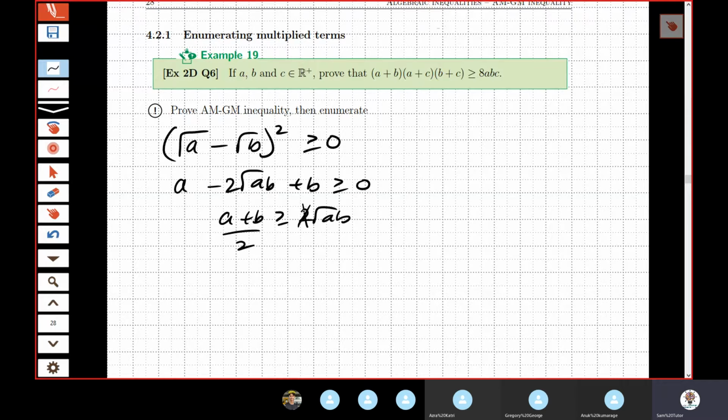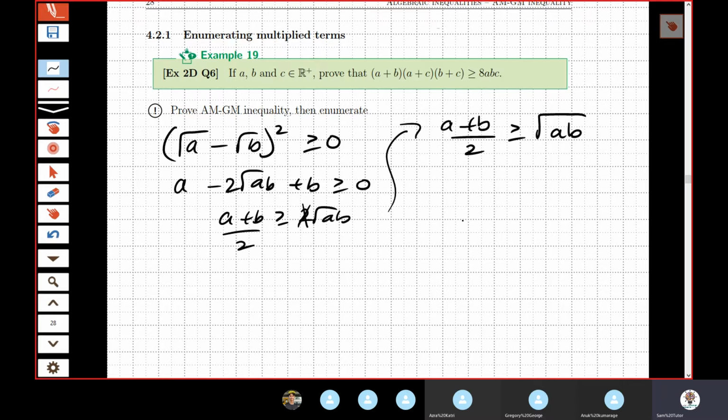But then you wanted this. So we've got this so far: a plus b on 2 is greater than or equal to root ab. Now think of the logic that I just showed you down there. What are you guys going to do? Tell me what would be my next few lines, or what would be my next line even? So I don't have a plus c or b plus c.